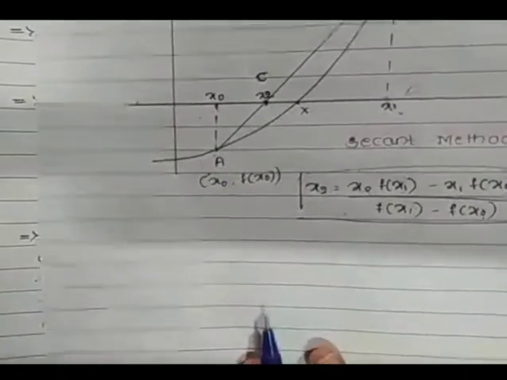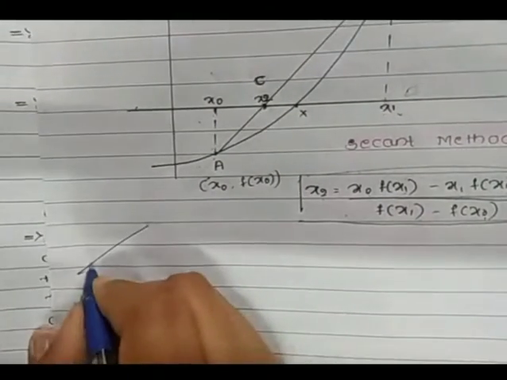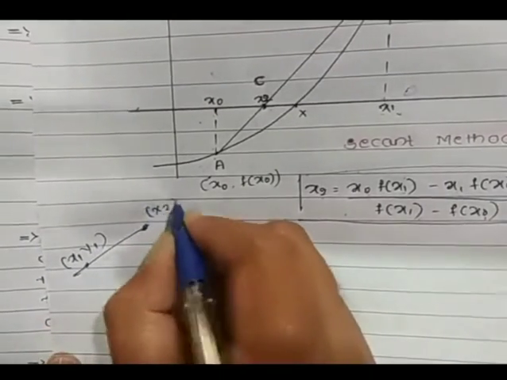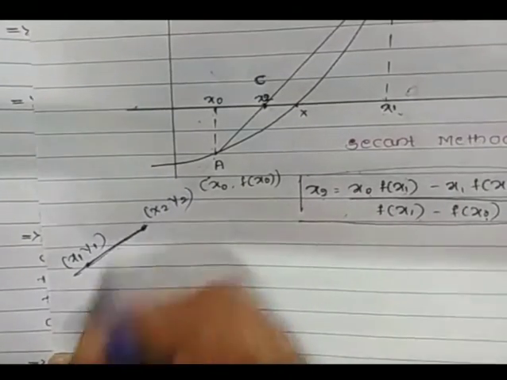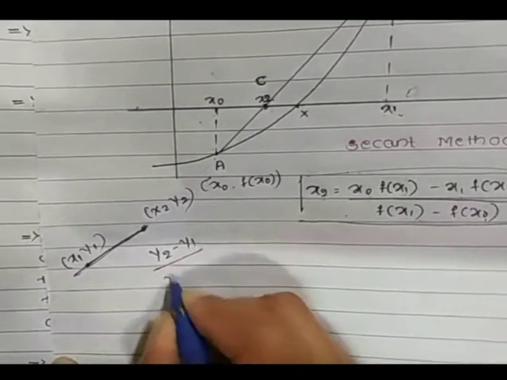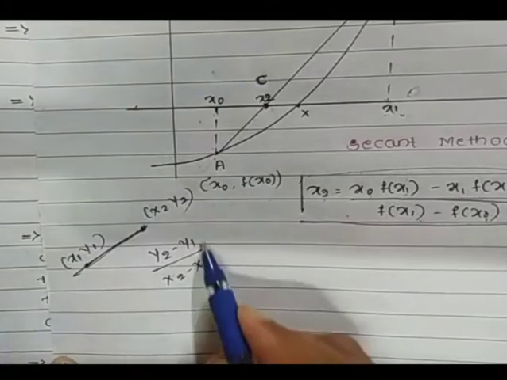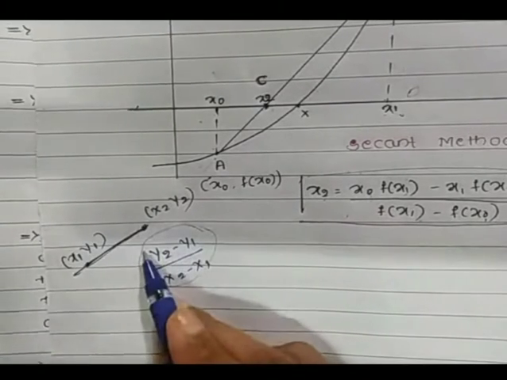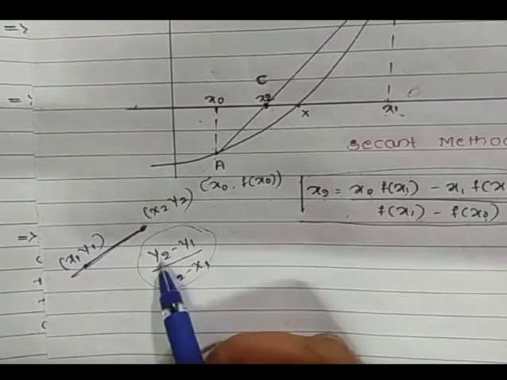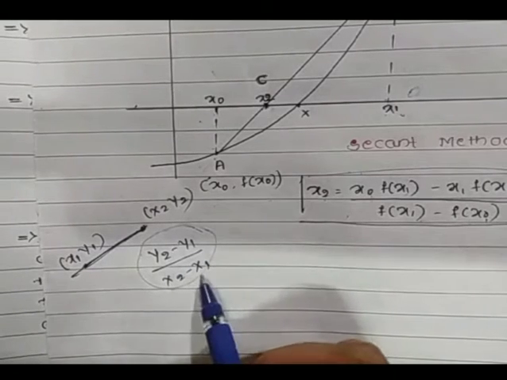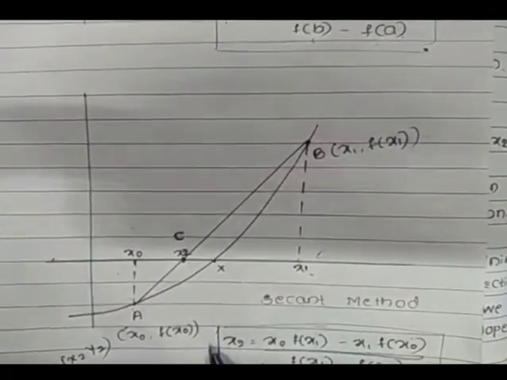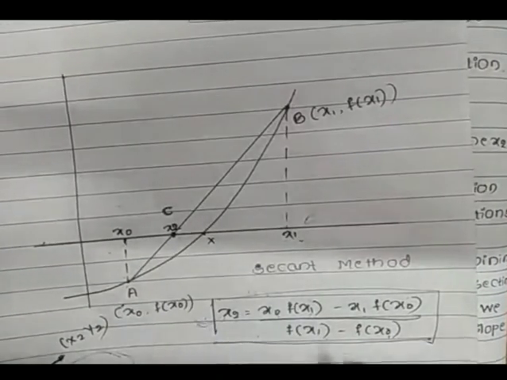To calculate the slope of any given line or curve, suppose this is point x1 y1 and here one more point is there, that is x2 y2, and we are calculating the slope of this line, then it is y2 minus y1 divided by x2 minus x1. It is a geometrical straight line concept. Using this, we can easily derive the secant method result.